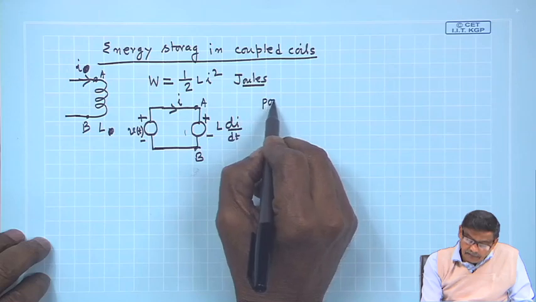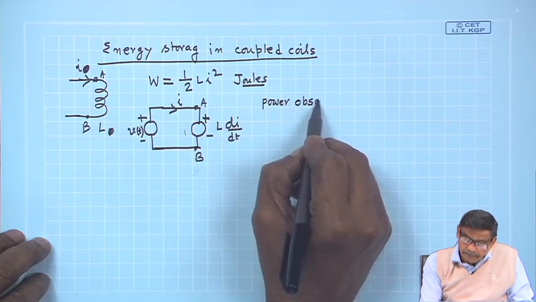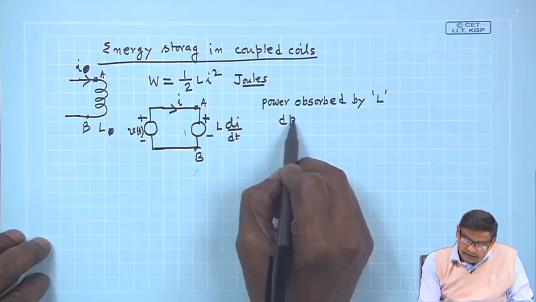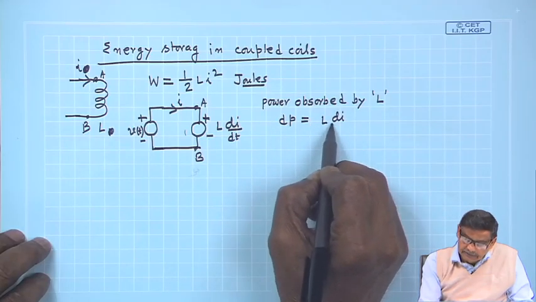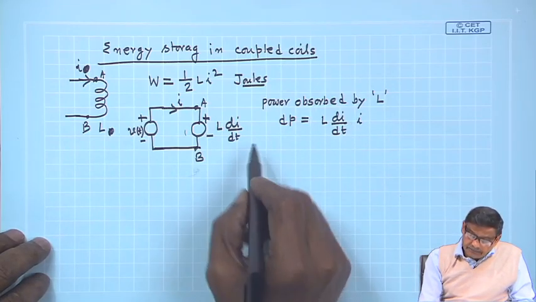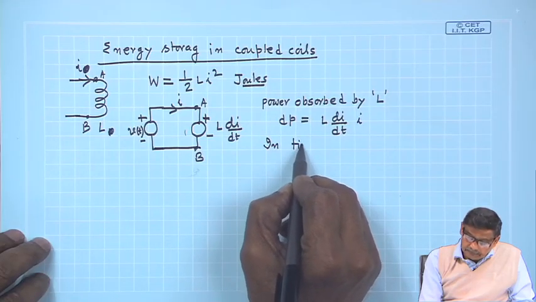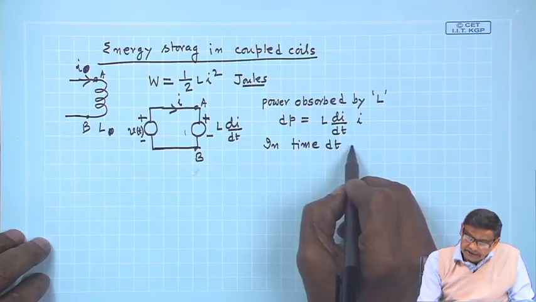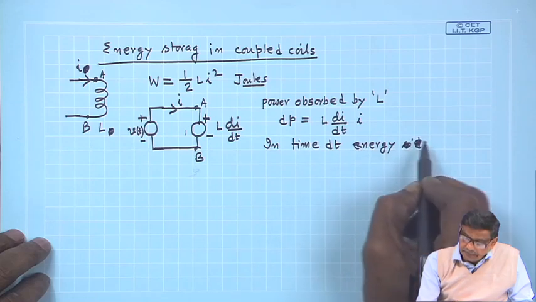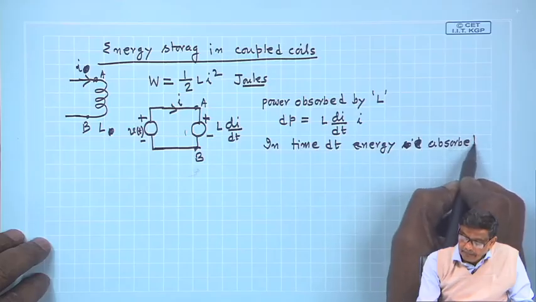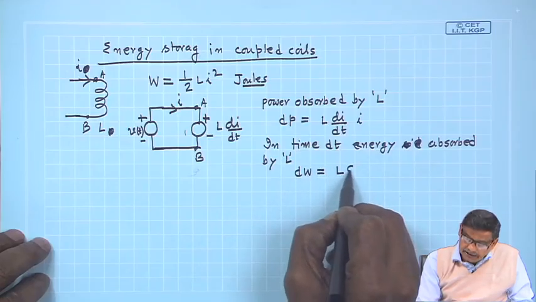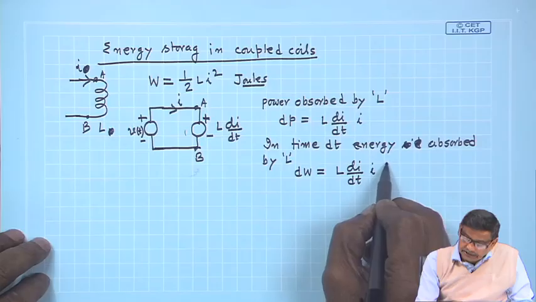Now, power absorbed by L is dP equal to the voltage across it into the current I. Suppose in time dt, the energy absorbed by L, let us call it dW, will be L dI/dt into I into dt.